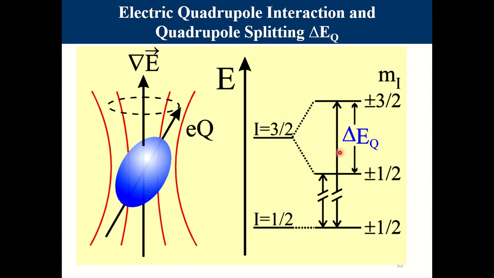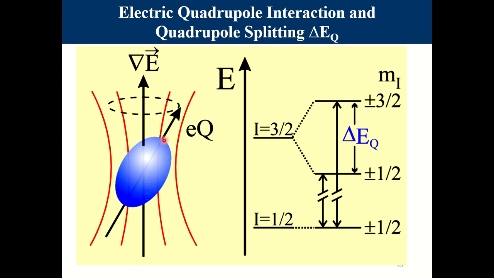So when it interacts with the electric field gradient, it will split into these two energy levels, plus 3/2 and plus half minus half altogether. This splitting is shown as delta EQ, the quadrupole splitting parameter.